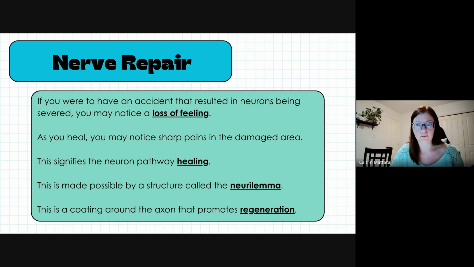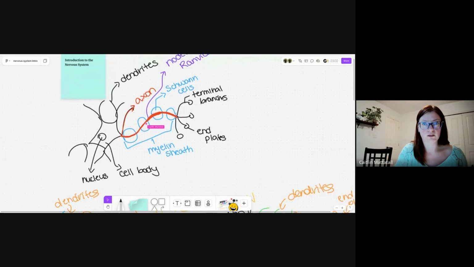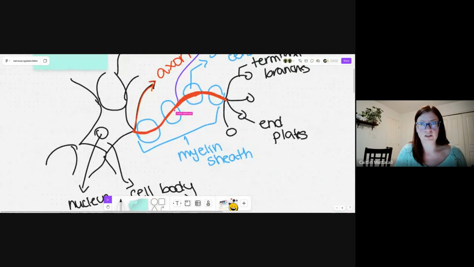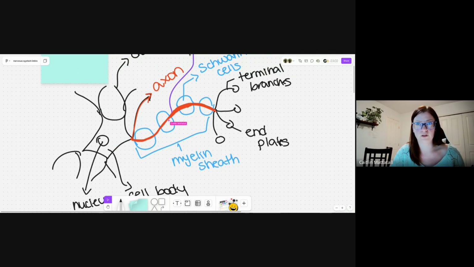And a neurolemma, I'm going to go back up here. It helps with this nerve regeneration process. Okay, so this is my axon, my original neuron that I drew here. And the axon is in red.